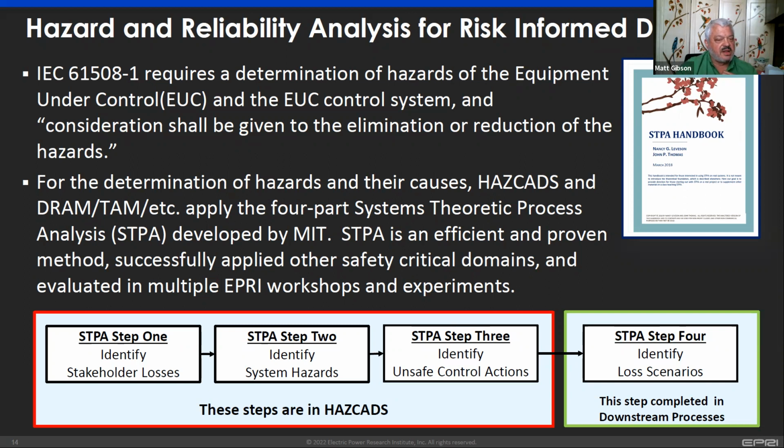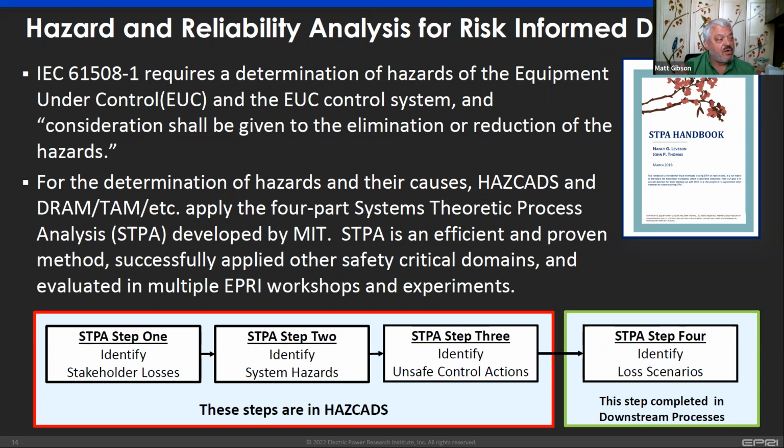We looked at it and said, we can synthesize this into a process, which we did. Our HAZCADS process implements steps 1, 2, and 3 of STPA. We identify losses, we identify system hazards, and we identify unsafe control actions.